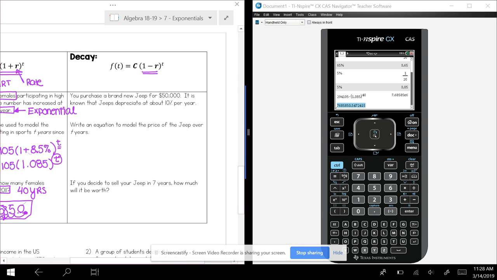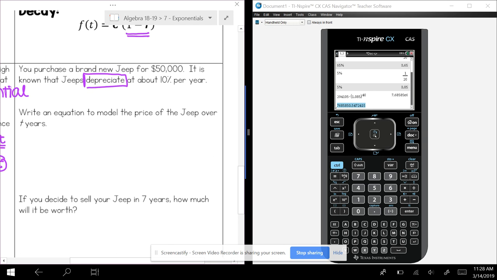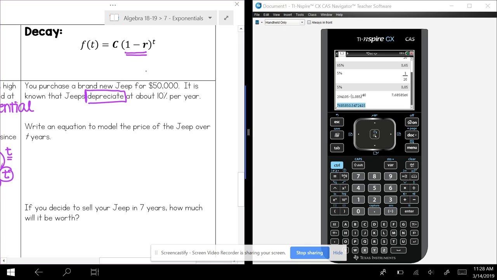Okay. This one's a little more tricky, and it happens when your money is depreciating, meaning it's going down. Okay, so you just went out and bought a brand new Jeep, and its starting price is $50,000. Okay, and Jeeps depreciate at about 10% per year. Okay, so if we're starting at $50,000, sometimes people will just want to put 10% here.